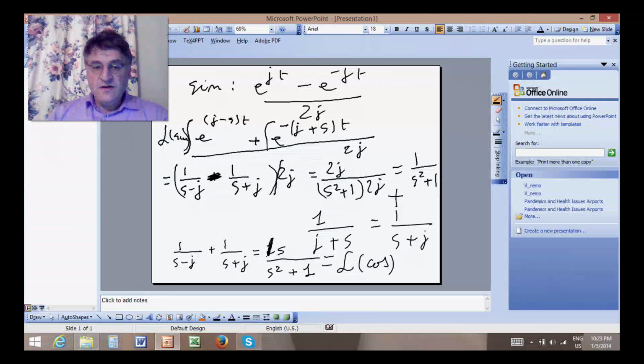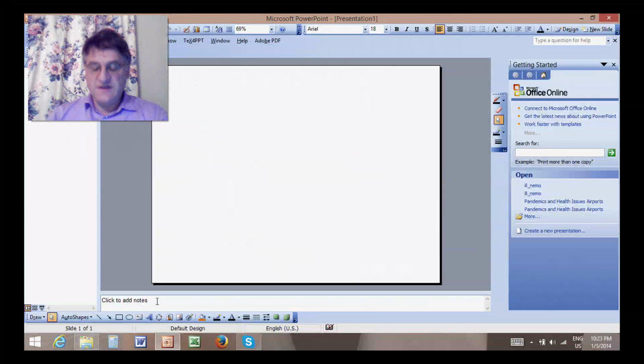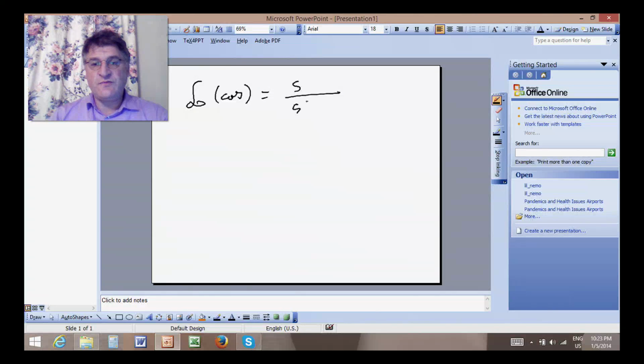Okay? So, if we summarize the whole thing, for sines and cosines, we get a variety of interesting things. First of all, the Laplace transform of the cosine function is equal to s over s squared plus 1. The Laplace transform of the sine is equal to 1 over s squared plus 1.